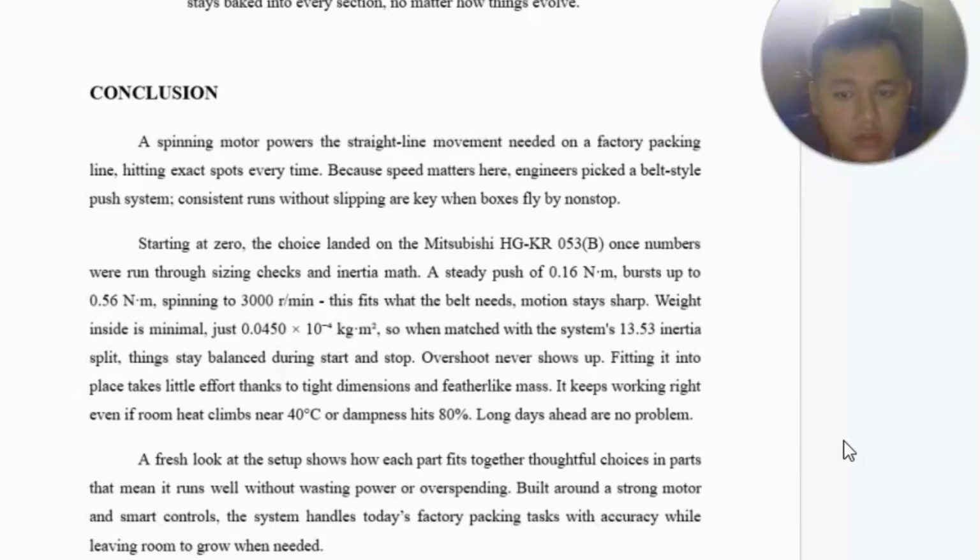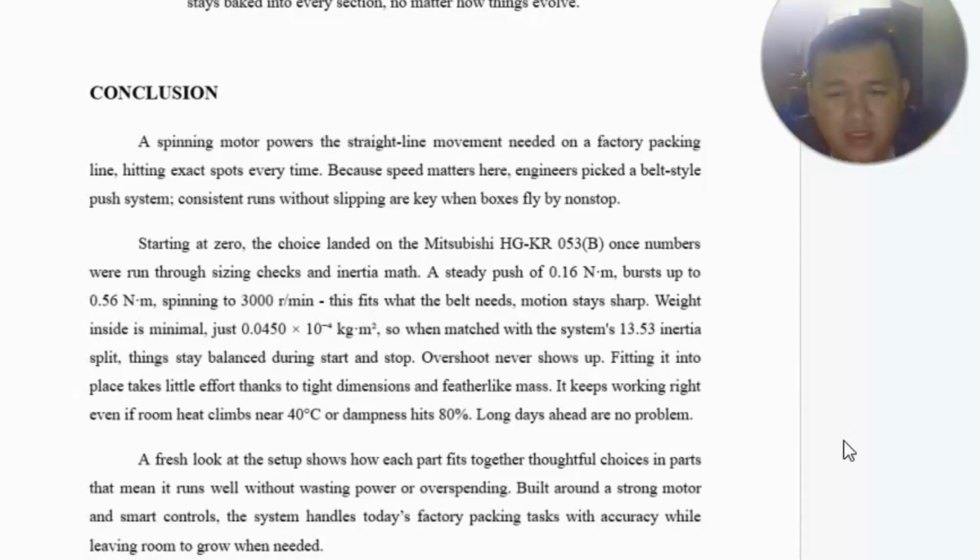Overshoot never shows up when fitting into place. The machine must keep working right even in a room that climbs near 40 degrees, with dampness hitting 80%. A long day ahead and no problem.